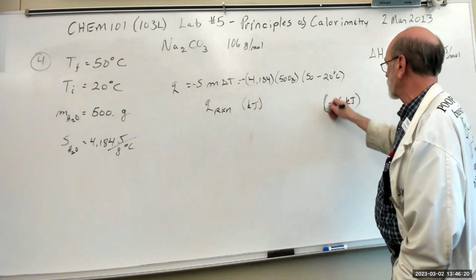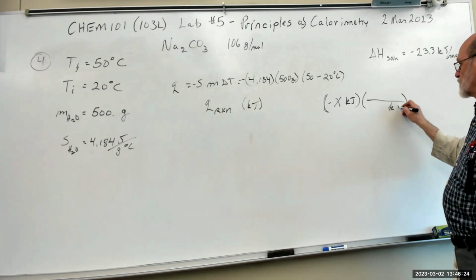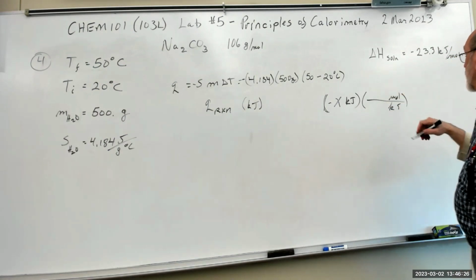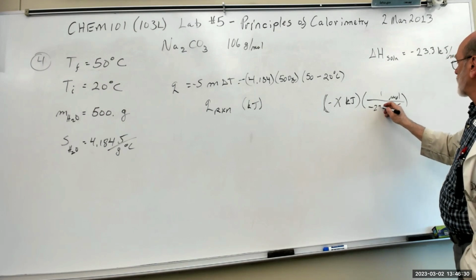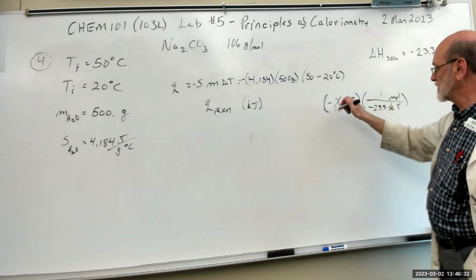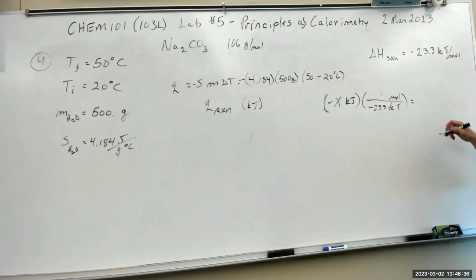Now we want to convert our units to moles. So we need kilojoules on the bottom, moles on the top, right? So we put the moles up here, kilojoules down here, 23.3. This is a negative and that's a negative, so we come out with a positive number. Then you're going to end up with so many moles, Y moles of sodium carbonate.